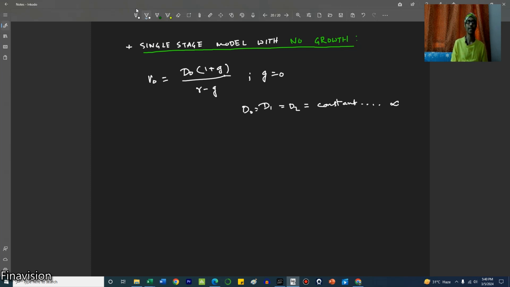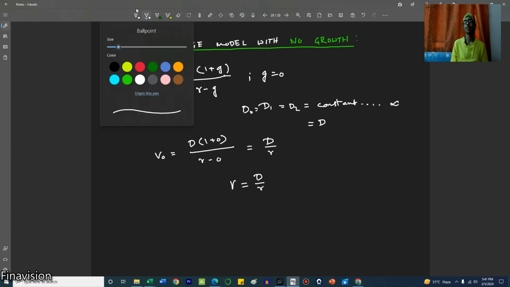So in this case, let's say the dividend is D. So here V0 becomes D into 1 plus 0 divided by r minus 0, or simply this expression becomes V is equal to D by R. This is the expression for a constant dividend till perpetuity.